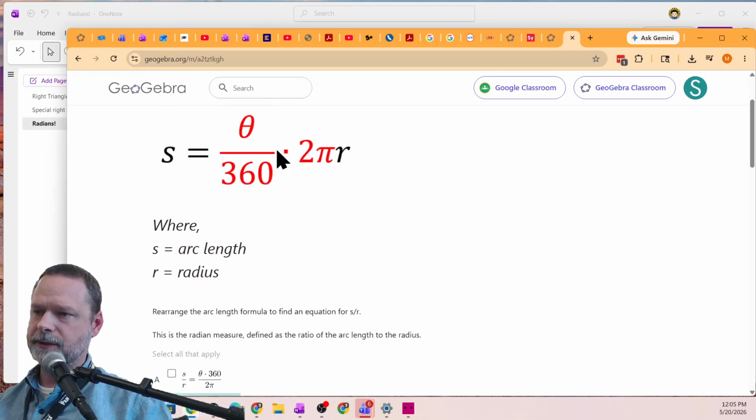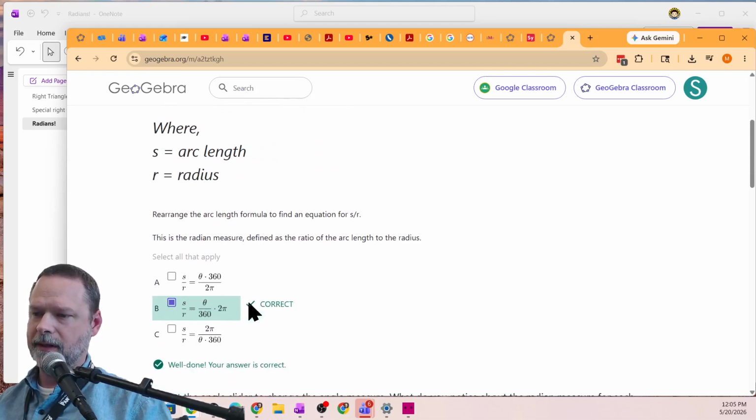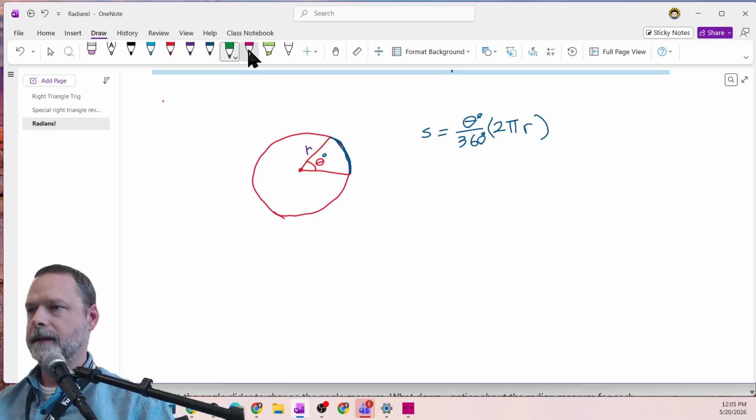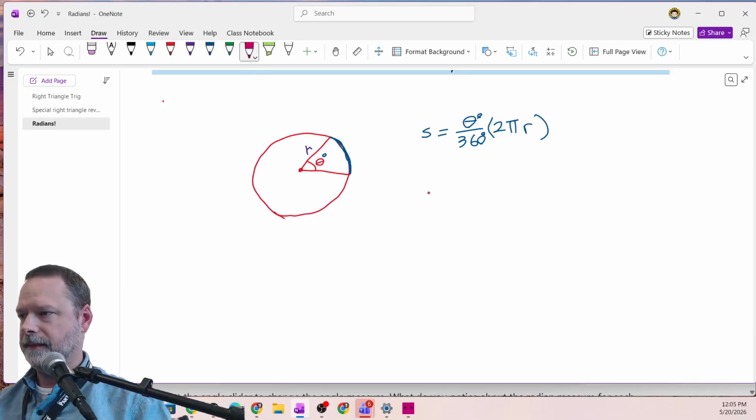If we were to solve for r, we divide both sides by r, and we get this. And we could simplify it down even more, and we would get s over r equals pi over 180 times theta degrees.